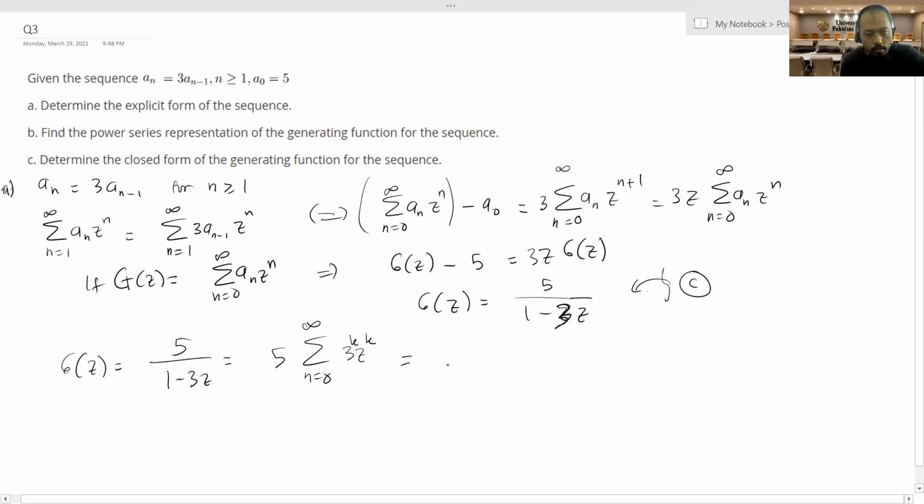In other words, this is the form: the sum from k from 0 to infinity of 5 times 3 to the power of k z to the power of k. So that means a_n is actually this. So this is part B, and part A is actually this.